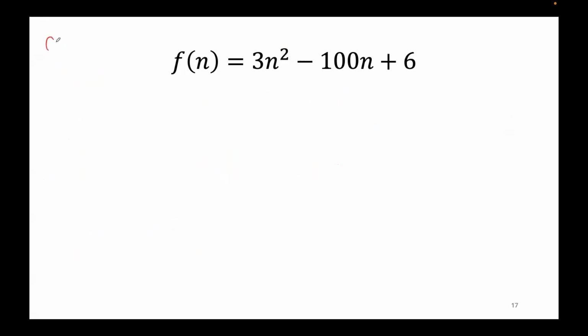So now we know that the big O of f is n squared, and the big omega is also n squared. Guess what? We've solved big theta now.